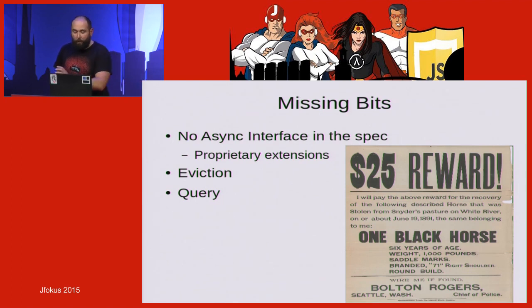But there is no portable way to tell, okay, I want my cache to always use less than 25% of my heap, for example. And it's up to the cache to use an algorithm to evict some entries in order to stick with this size. So it can be least frequently used, least recently used, something like this, the usual algorithms.